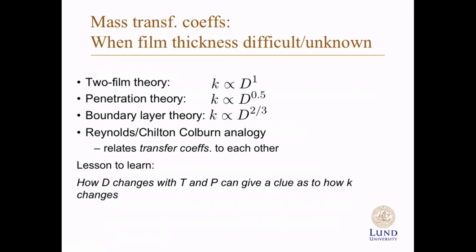And if you use Reynolds analogy or Chilton-Colburn's analogy, you relate different transfer coefficients to each other. So if you, for example, have measured the transfer coefficient for momentum, you can use these analogies to translate that to, for example, a mass transfer coefficient.